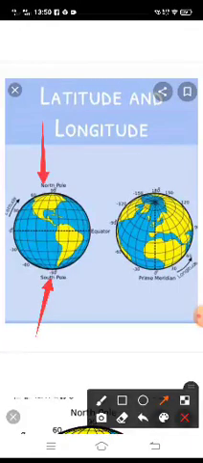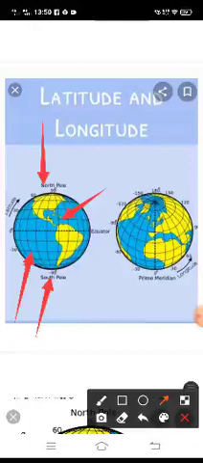The lines which are drawn horizontally, the sleeping lines, are called the latitudes, and the lines which are vertical, the standing lines, are called the longitudes. Now you are able to understand the longitudes and the latitudes.